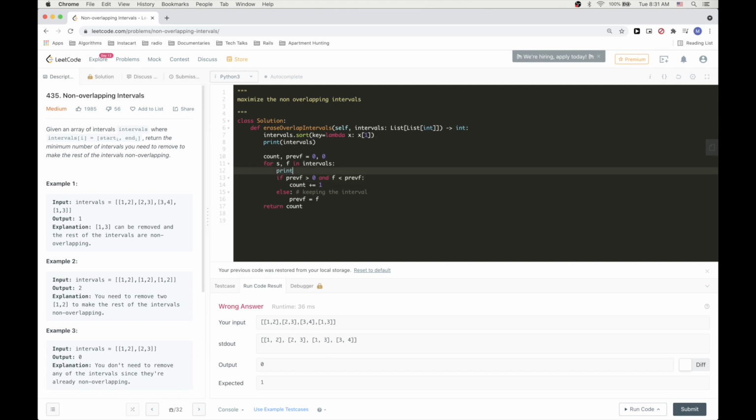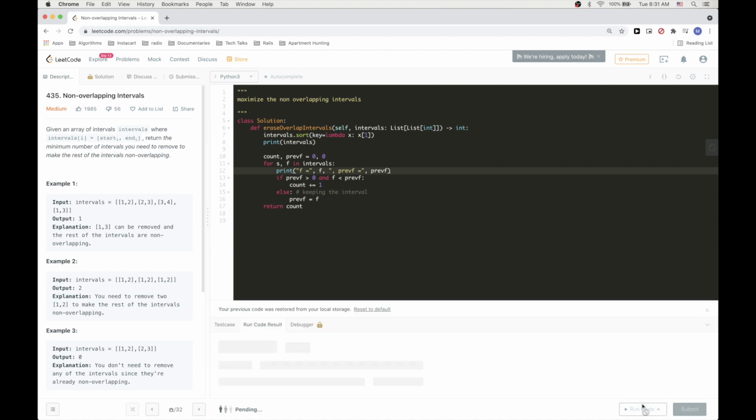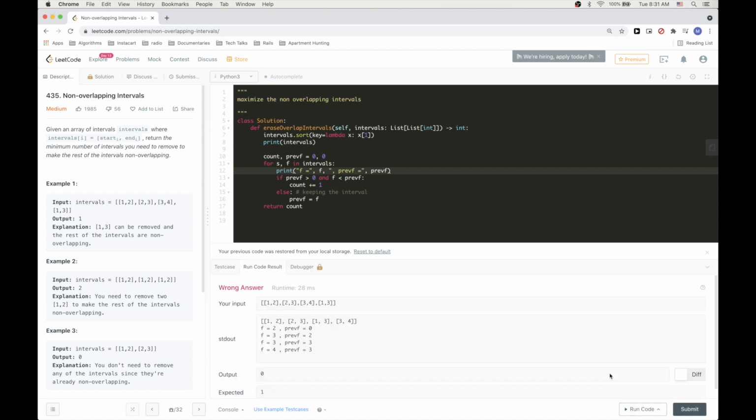So let's see. f is equal to f, and then prev f is equal to... okay, so we start out with f equal to 2, and prev f was 0, so we should be good there and go to the next one. Let's just print keeping interval, and here print removing interval. Let's see what we get.